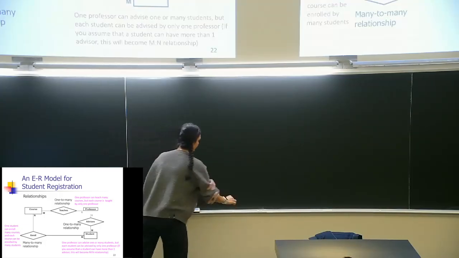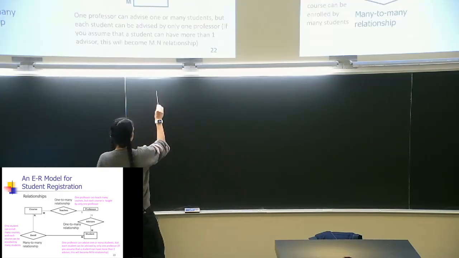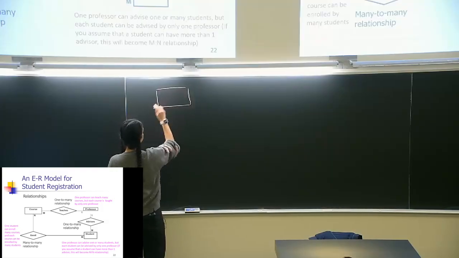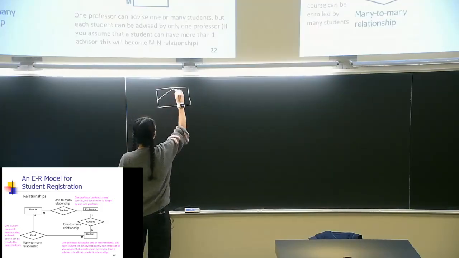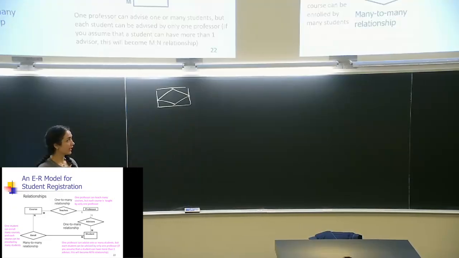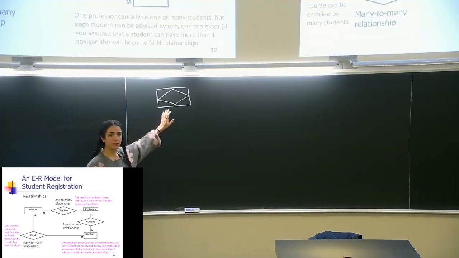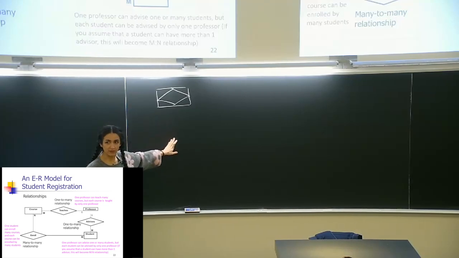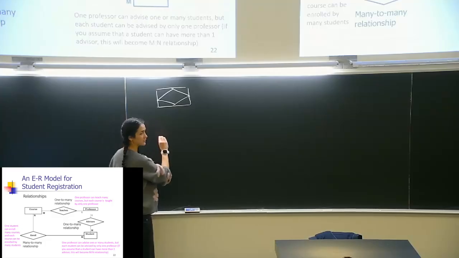Like for example, so this is how you show that. So this is an entity, and this is associative or composite entity. And please do not confuse composite entity with composite attribute. Okay, they are two different things. Composite attribute. What is composite attribute?